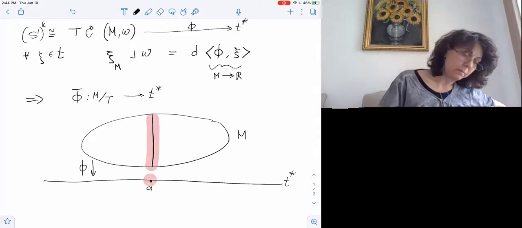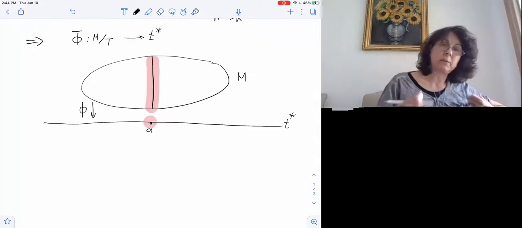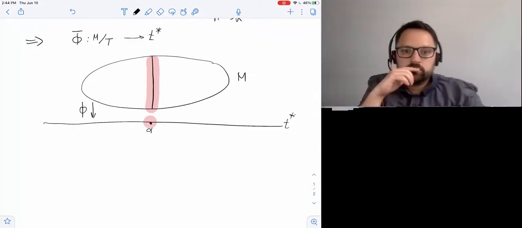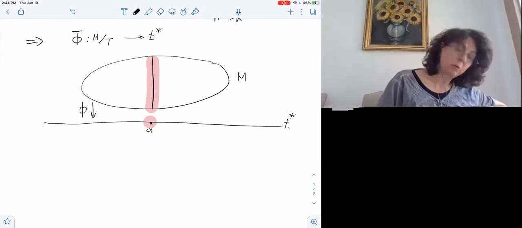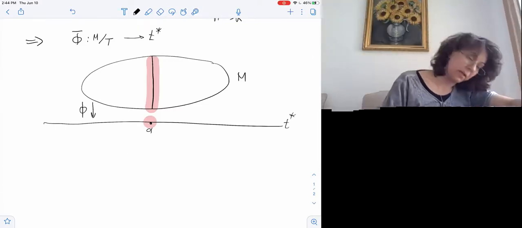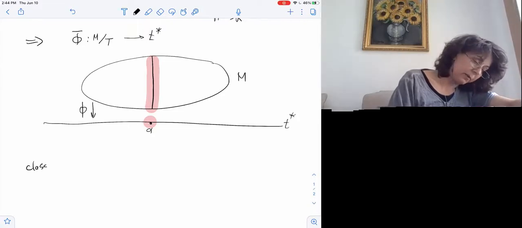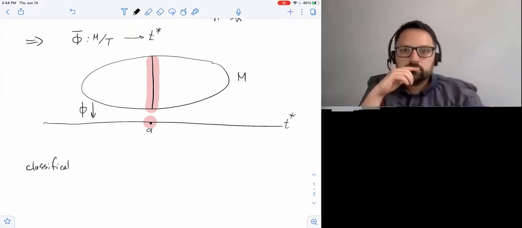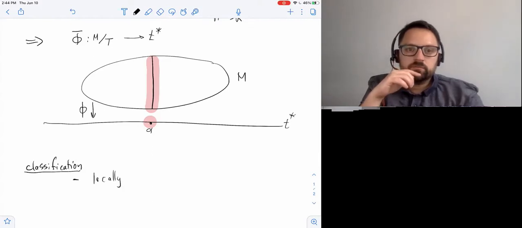My goal is to reach some statement of classification, but the proof goes through understanding these semi-local pieces and how they assemble together. So the idea for the proof of the classification, which I'm hoping to state at the end of the talk, is to understand the pieces locally.